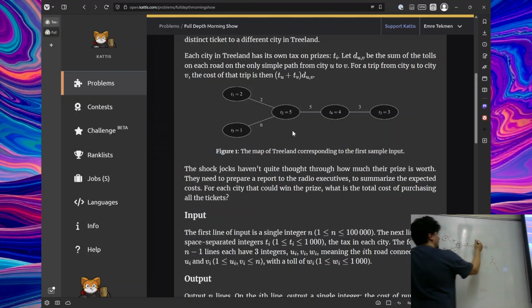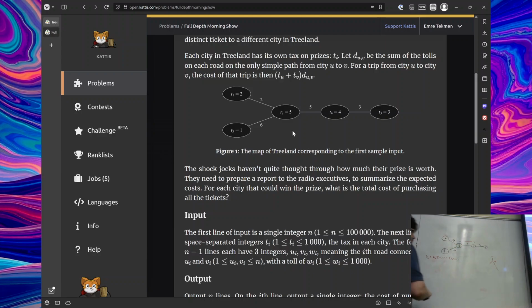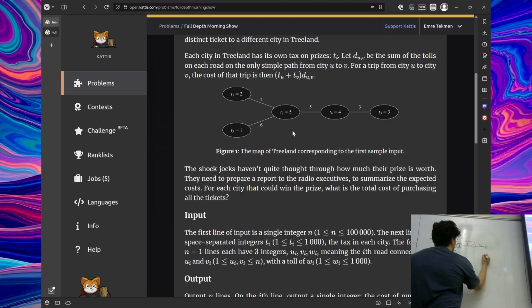So we're going to start here, and then we're going to transition here. Then I'm going to have to redraw the graph, right? If this is the root of the tree, then the tree is going to look like this. So this is our u, this is our v. Does that make sense?